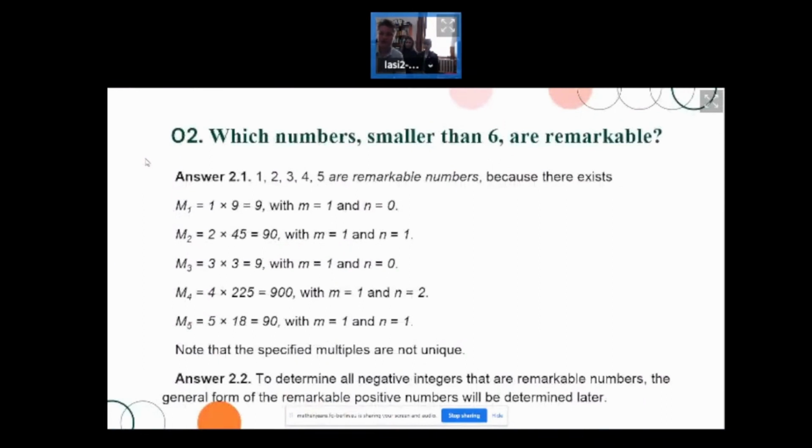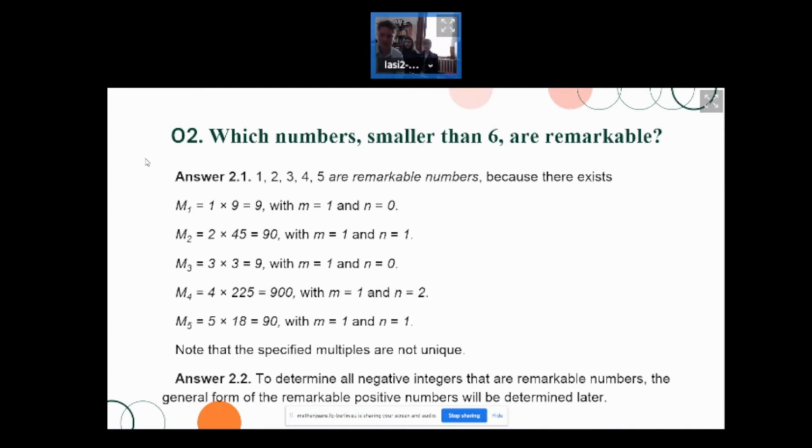Which numbers smaller than 6 are remarkable? 1, 2, 3, 4, and 5 are remarkable numbers because there exists a multiple: 1 times 9 equals 9 with m equal to 1 and n equal to 0; 2 times 45 equals 90 with m equal to 1 and n equal to 1; 3 times 3 equals 9 with m equal to 1 and n equal to 0; 4 times 225 equals 900 with m equal to 1 and n equal to 2; and 5 times 18 equals 90 with m equal to 1 and n equal to 1.